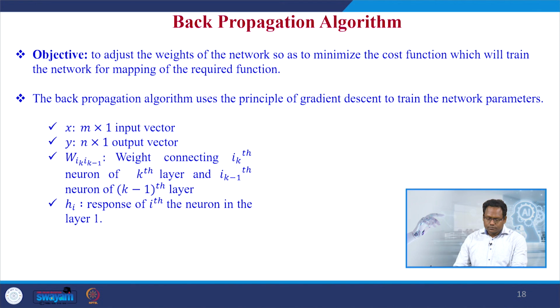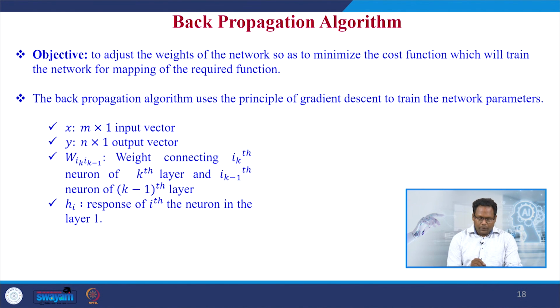Next, we see the back propagation algorithm. So, the objective is to adjust the weights of the network so as to minimize the cost function, which will train the network for mapping of the required function. For function approximation, we need to train the network, which means adaptation of the network parameters towards the given input, so that the network can approximate any given input function.